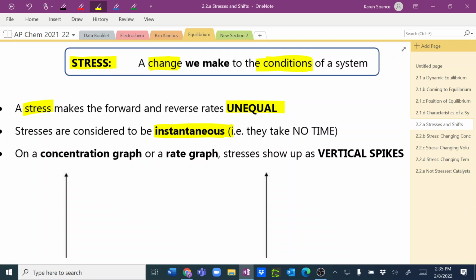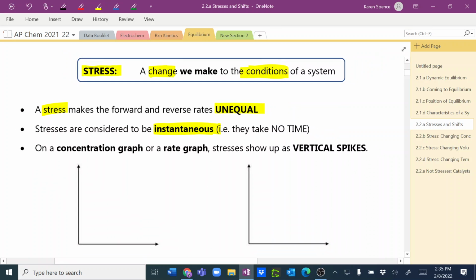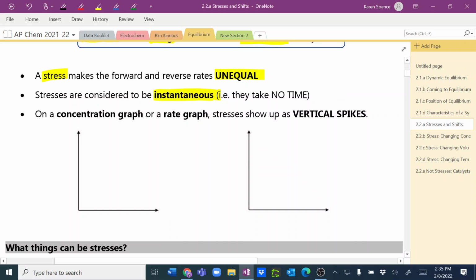Okay, so they will appear, let's see, on a concentration graph, concentration versus time. And then if I've got a rate graph, that would be rate versus time.